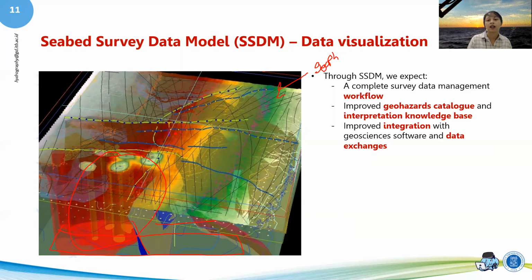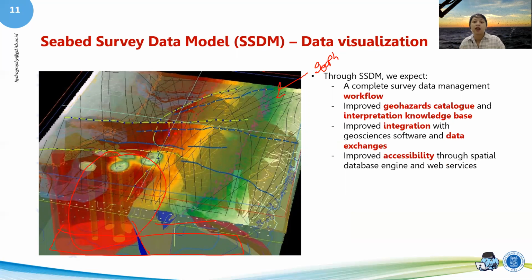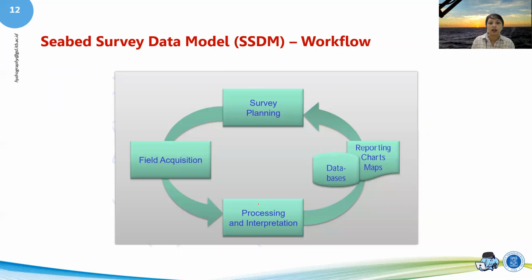And then you will improve the integration of the geoscience software, because again, there are a lot of geoscience software in this world, but you need to understand the very basics of what you're actually doing. And then finally, that's the data exchange, and the accessibility as well. So people will be able to access what you have done if you make a really good database out of it, okay?